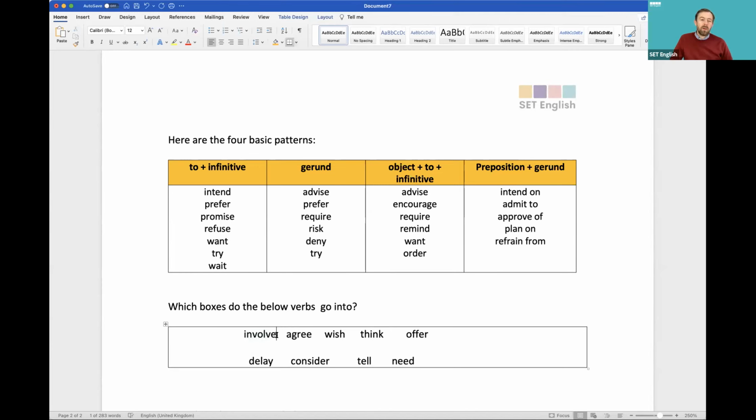Okay. So what about involve? Involving. Object to infinitive. Gerund. So you can involve somebody in something. But again, that's not a verb pattern, is it? We say involving. It's gerund. I'm not saying that this word needs to become a gerund. I'm saying it's going to be followed by a gerund.